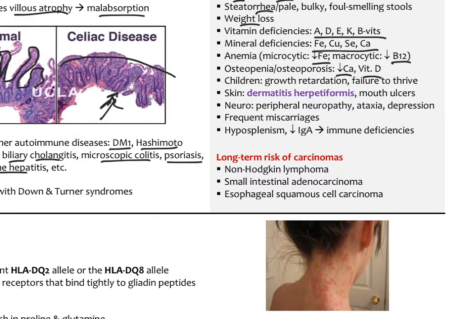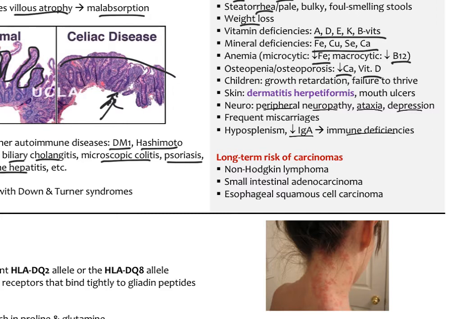Neurological manifestations like peripheral neuropathy, ataxia, which is a gait disturbance, and depression can all be found with celiac. Frequent miscarriages, and then a small spleen. It's called hyposplenism, with decreased secretory IgA, so people have immune insufficiency against certain pathogens, and they have more GI infections.